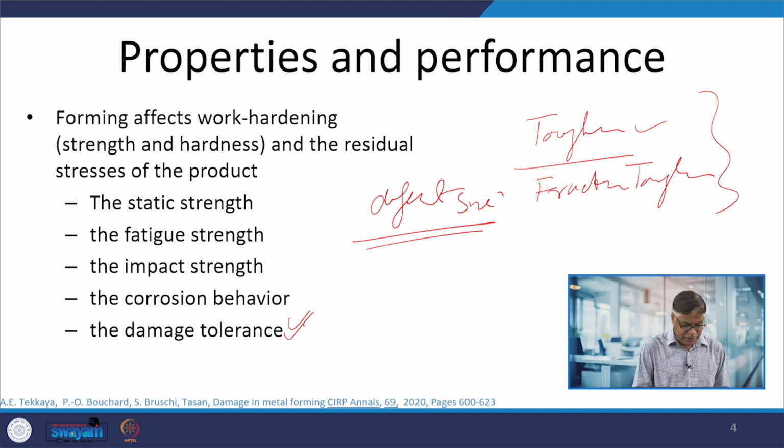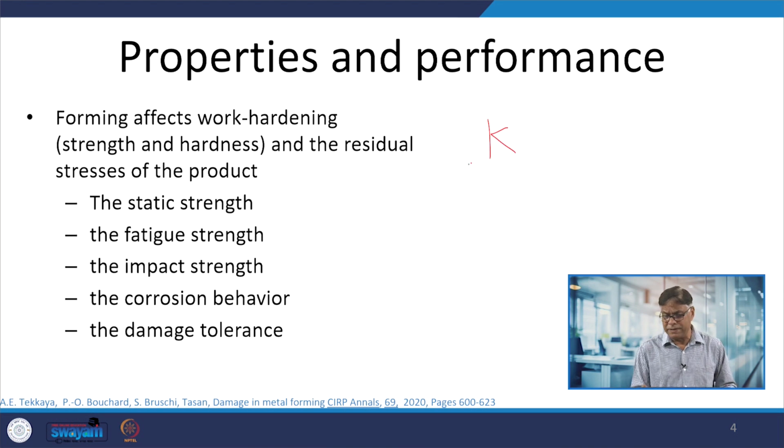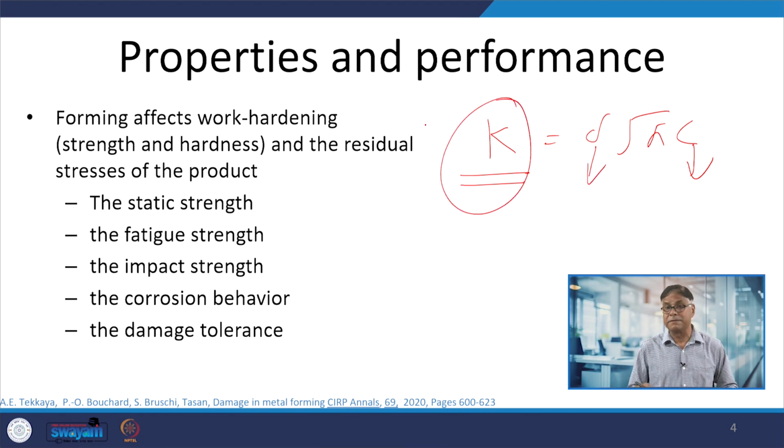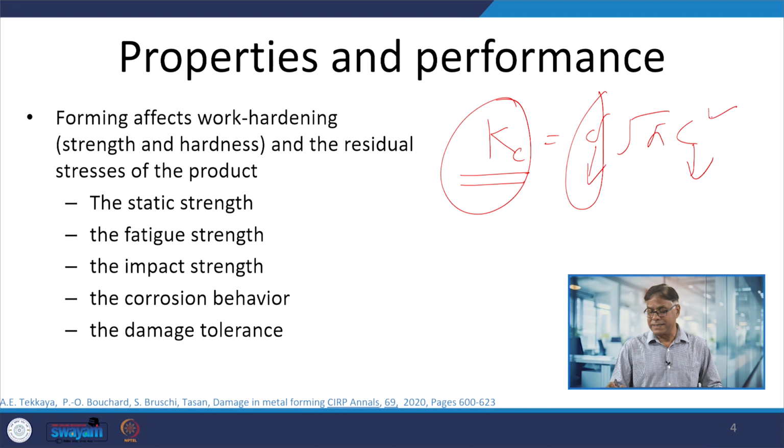So, if the fracture toughness K is reduced, then K equals sigma root pi C, where C is the defect size, sigma is the applied stress, and K is the fracture toughness in terms of the stress intensity factor. This Kc is the critical stress intensity factor, which is a material property. If this gets compromised, then for a given applied stress, the tolerable crack size gets reduced due to the reduction in Kc.